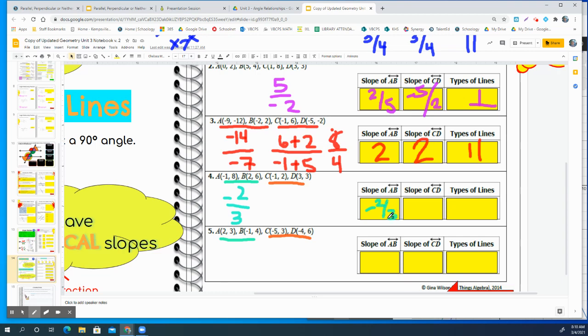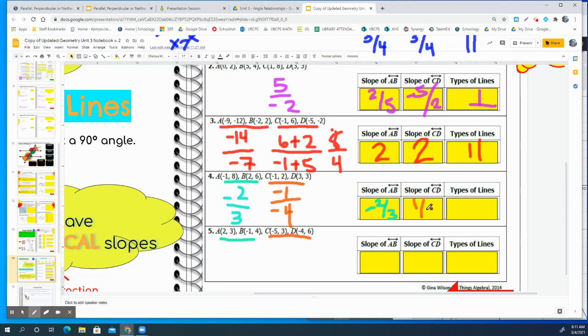In the chat or shout out, what's another one? We've got 3 more to find. CD is 1/4. So 2 minus 3 is -1, and -1 minus 3 is -4. And a negative divided by a negative is a positive, so that is 1/4.